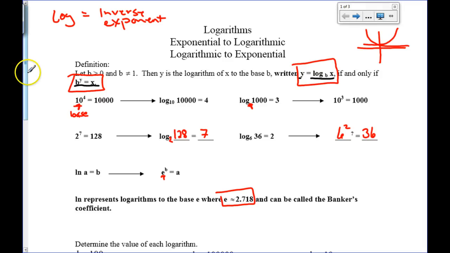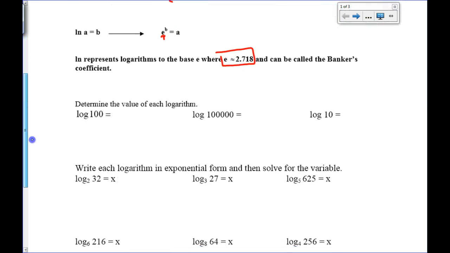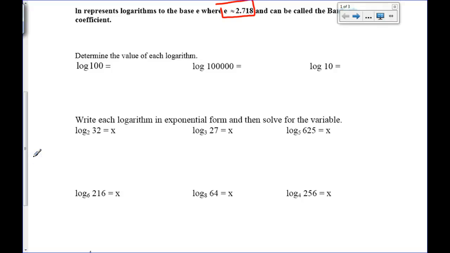So now let's move on down to the bottom part of the sheet. And I want you guys to tell me, what is log of 100? It's 2, because it's the same as saying 10 to the x power is 100. And so it would be x is 2.